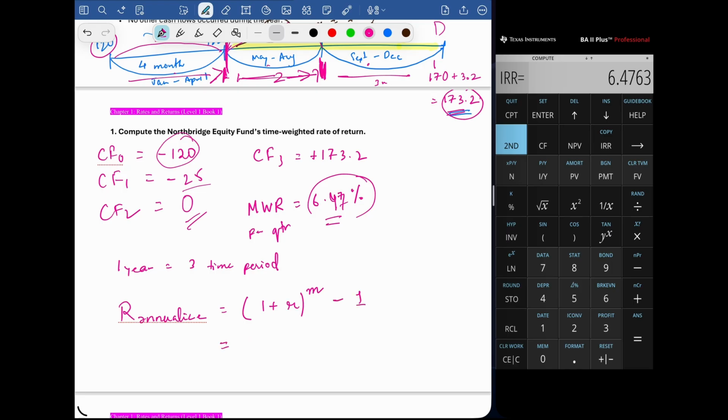If I write it, it will be something like this: 1.0647 to the power of 3, minus 1, because we have divided the year in 3 parts.